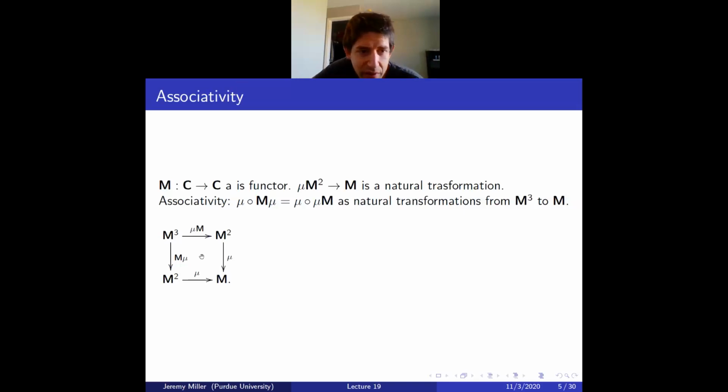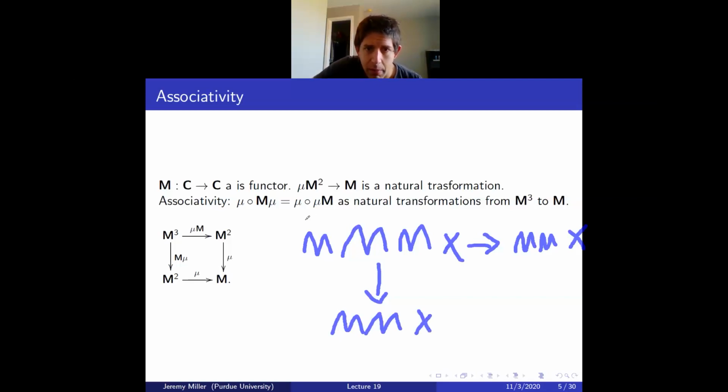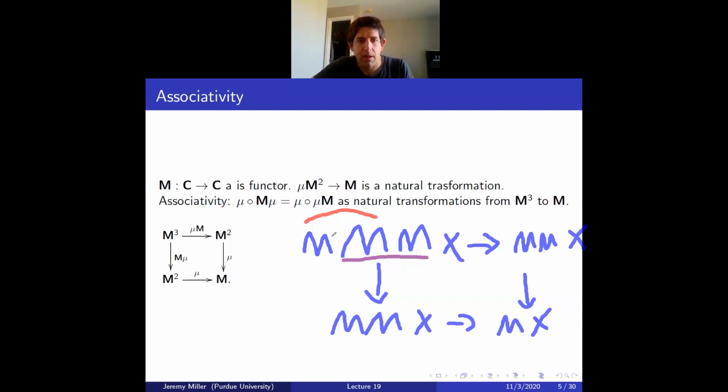Okay, so what is associativity? You have M, M, M of X, and there are two different ways of getting to M of X. You can combine these two M's, or you can combine these two M's, and then you use the multiplication, and you get to M of X. Associativity is the statement that this diagram commutes.